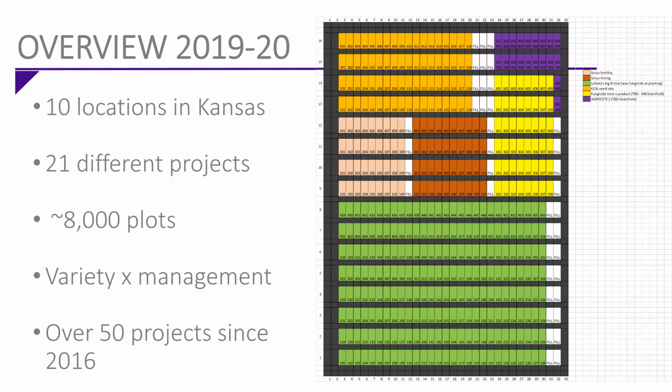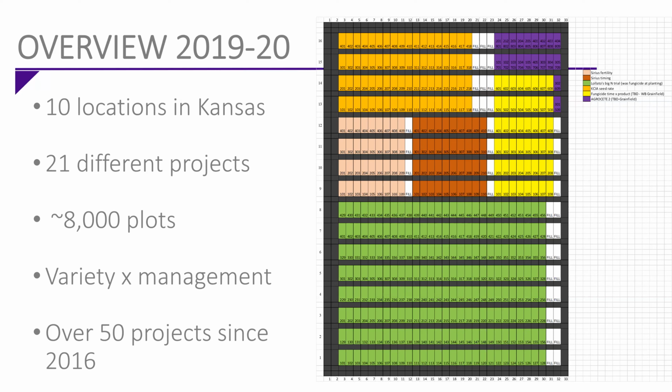Most of these trials are looking at the interaction of variety and management. We want to understand how we can better manage our different varieties. Since 2016, we have had over 50 projects in the 4 seasons preceding this one, and another 21 projects this season.